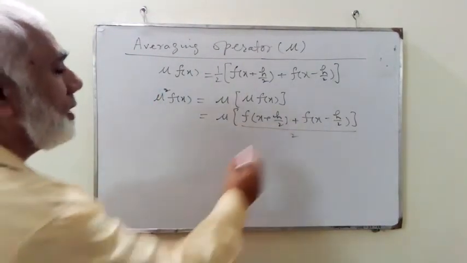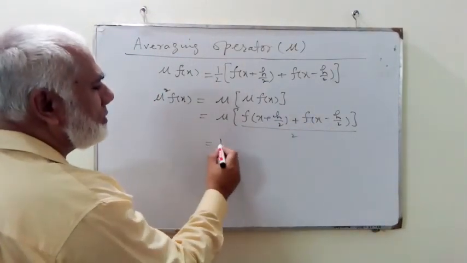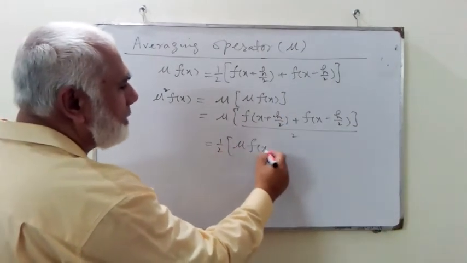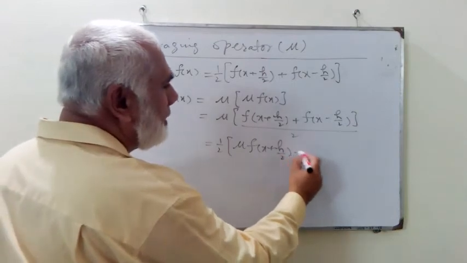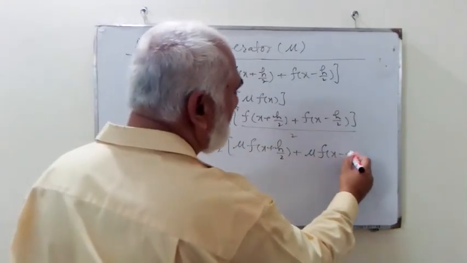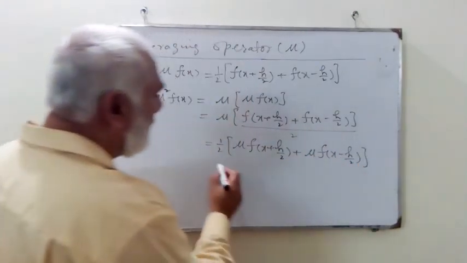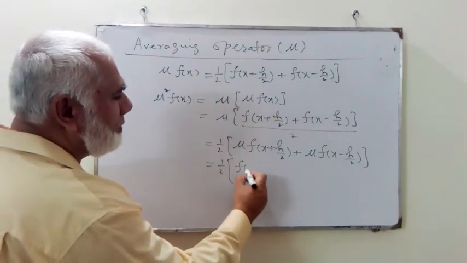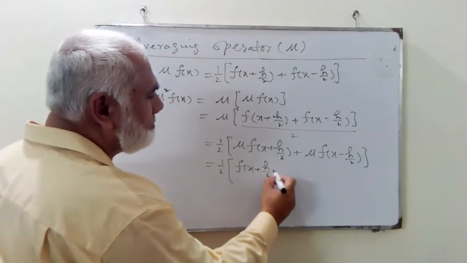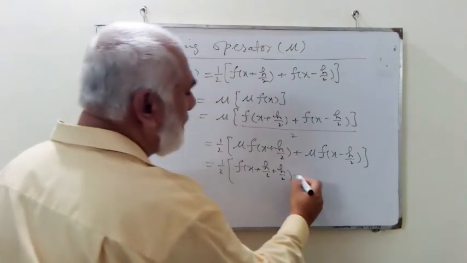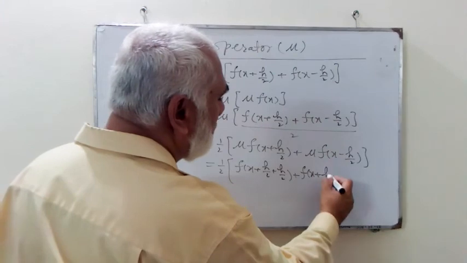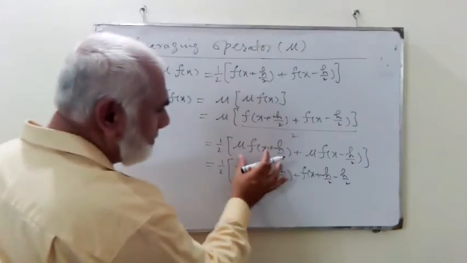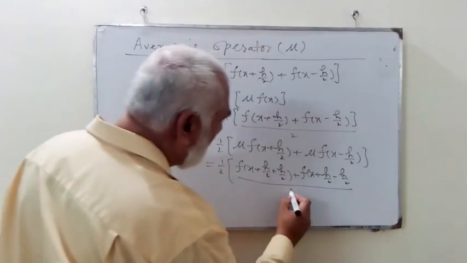Here this 1/2 can be taken out and μ can be distributed inside, giving μ f(x + h/2) + μ f(x − h/2). Applying it to the first term gives you f(x + h/2 + h/2) plus f(x + h/2 − h/2). These are the two terms we get from here, and don't forget to write the 2 there.